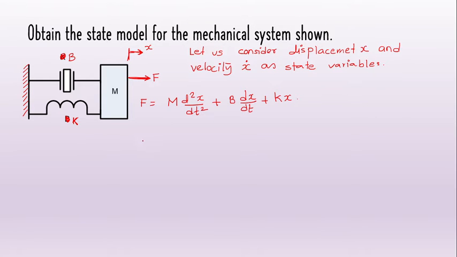If we want to write this in the form of state equation, our state variables will be two things. One is displacement, another is velocity.